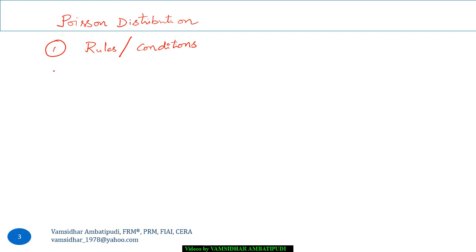Many times people make mistakes in understanding whether the Poisson distribution is applicable to a problem or not.